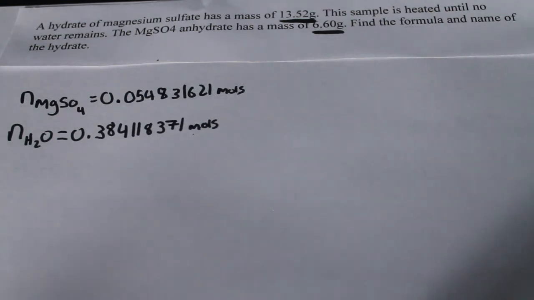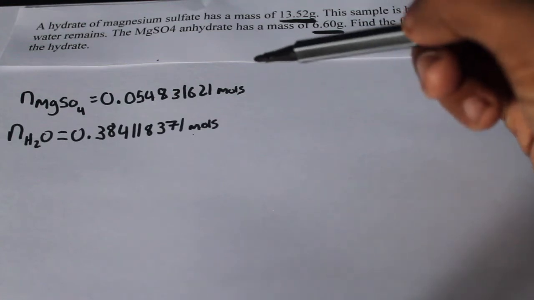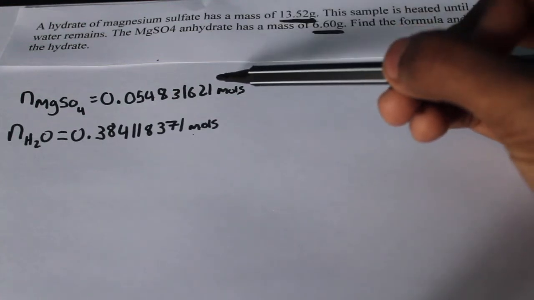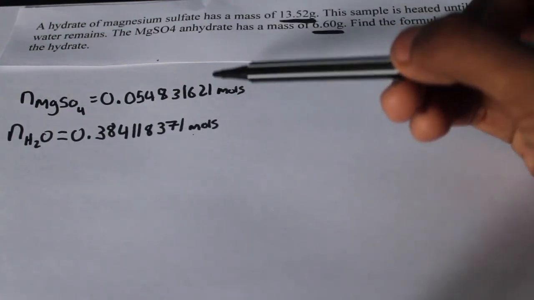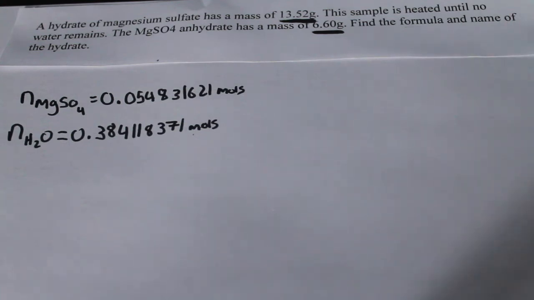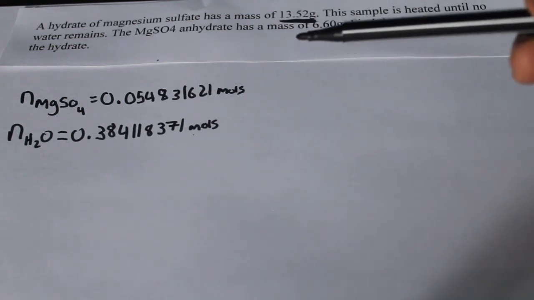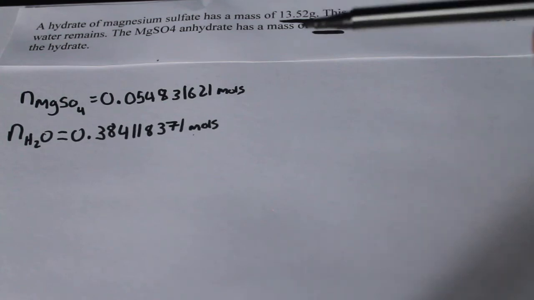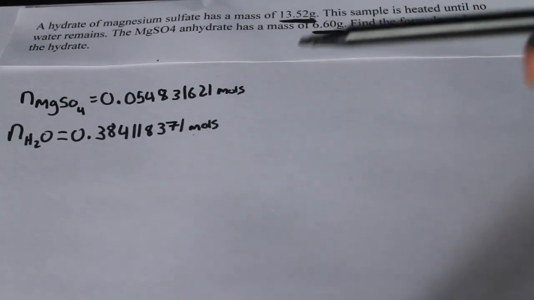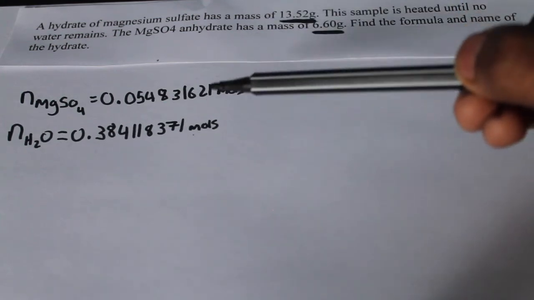Now that we have the number of moles of both magnesium sulfate and H2O, we need to find the lowest number of moles, which is magnesium sulfate. It has the lowest mole value. And we now need to divide both these mole values by the lowest mole value, to find the mole ratio. Now let's do magnesium sulfate first.